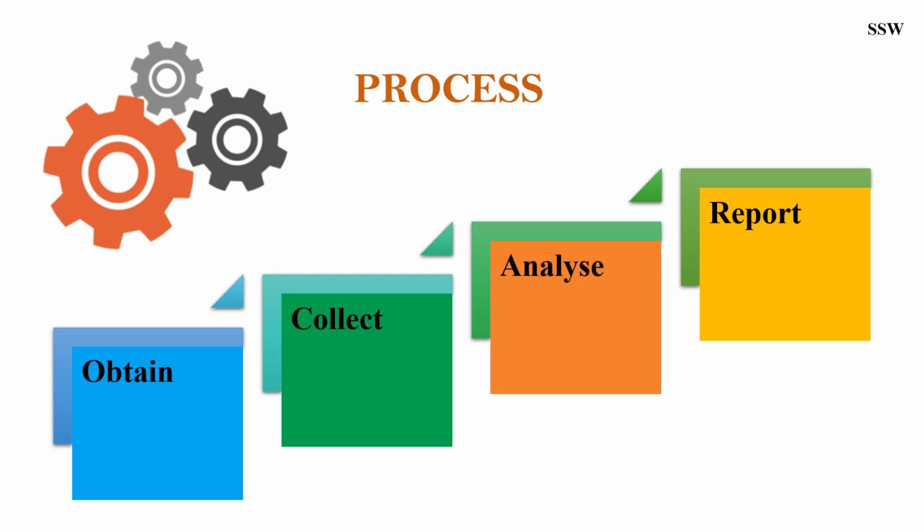So next we'll see the network forensic process. Means how network forensics works. So the key steps in the investigation are obtain, collect, analyze, and report. So in the first step, the investigators gather initial information about the incident and the network environment, like the date and time of the incident, systems and endpoints involved in that incident.